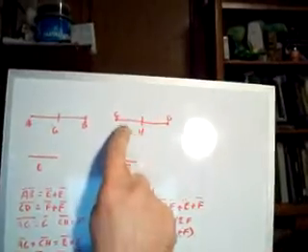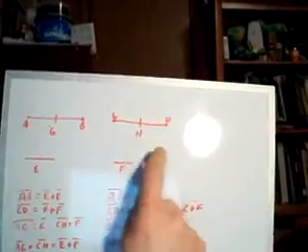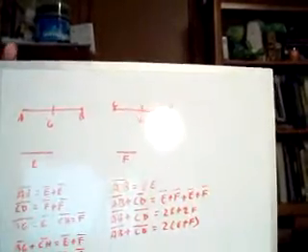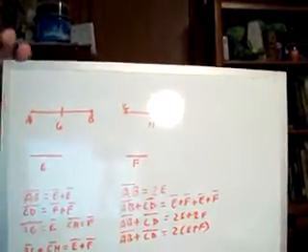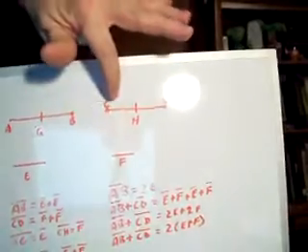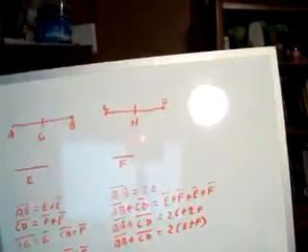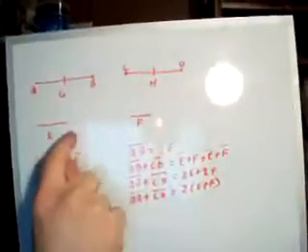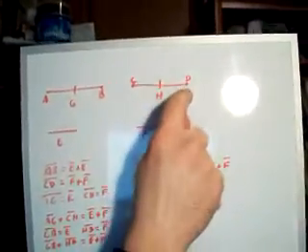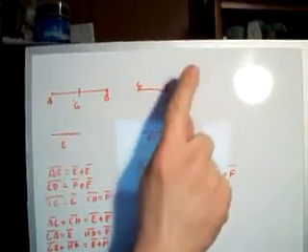If you were to divide up the line CD here, like we've done, you'll find 2F. So there is just as many E's in AB as there are F's in CD. How do we know that? Well, we have 2 E's in AB and 2 F's in CD. Okay?